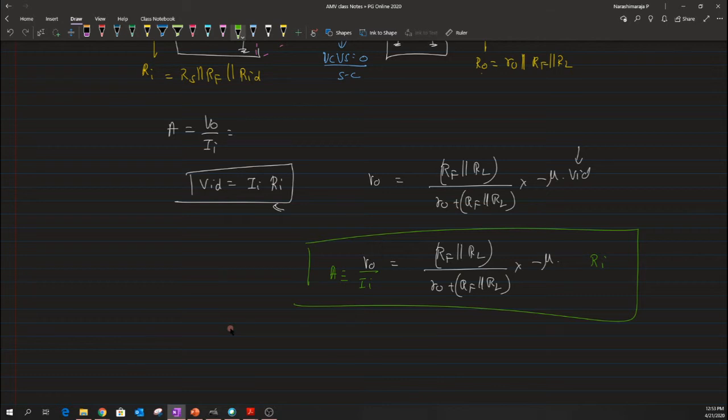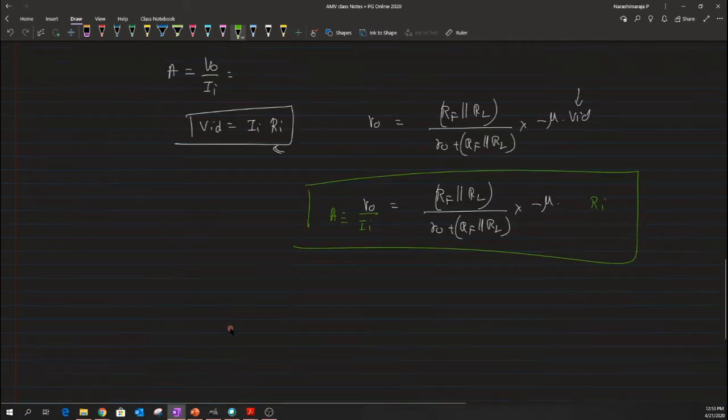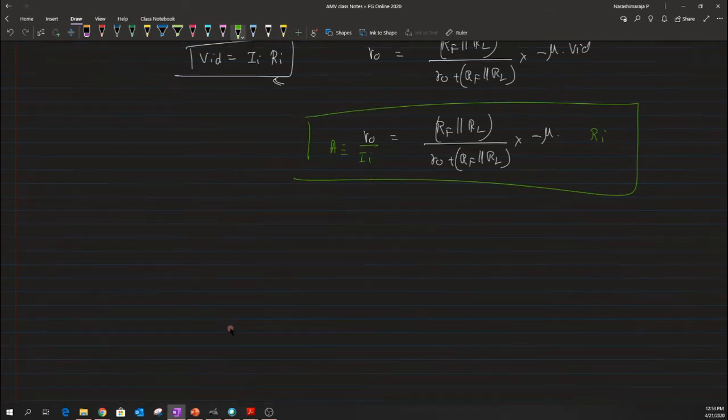So, now we will also try to evaluate the expression for A beta, so that it becomes pretty clear as we move on. The factor of A beta, which is nothing but the loop gain, can be written as A, which is nothing but minus mu Ri into Rf in parallel with RL divided by R naught plus Rf in parallel with RL.